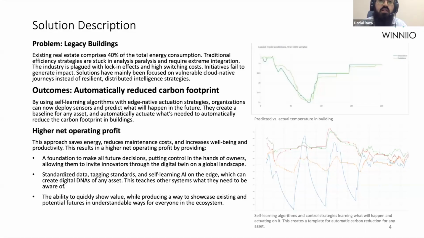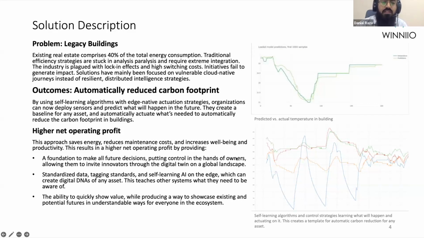If the prediction says it will get to 23 degrees in the next 2 hours, and it's a slow moving system, we will take action now to not get there and to stick with 21.5.